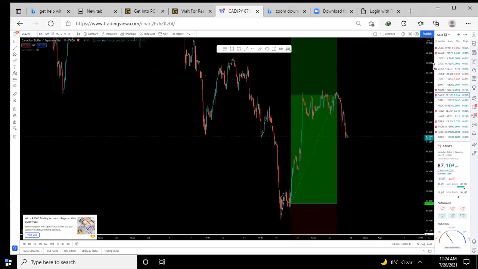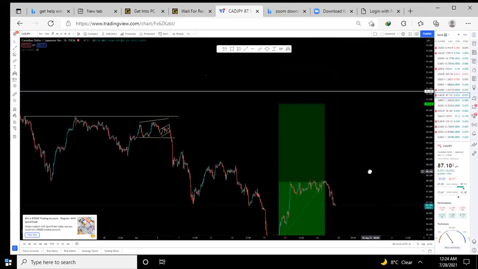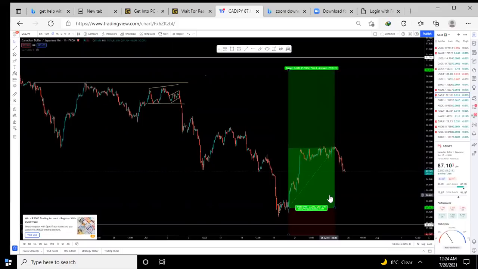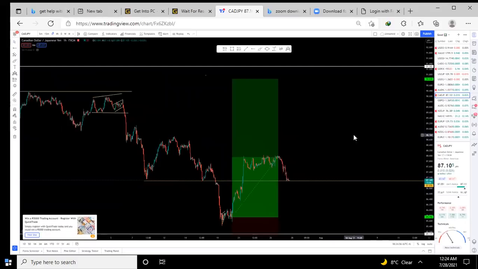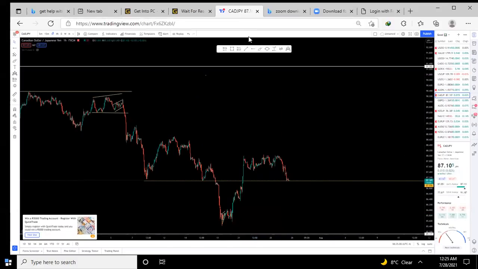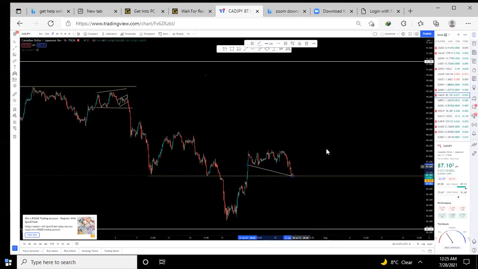Even this one, guys, I had this one, which is CAD JPY. I felt like we have to come to this level, which we're in already. But I had a buy from the lowest low. So I feel like this thing here is just a mini correction.